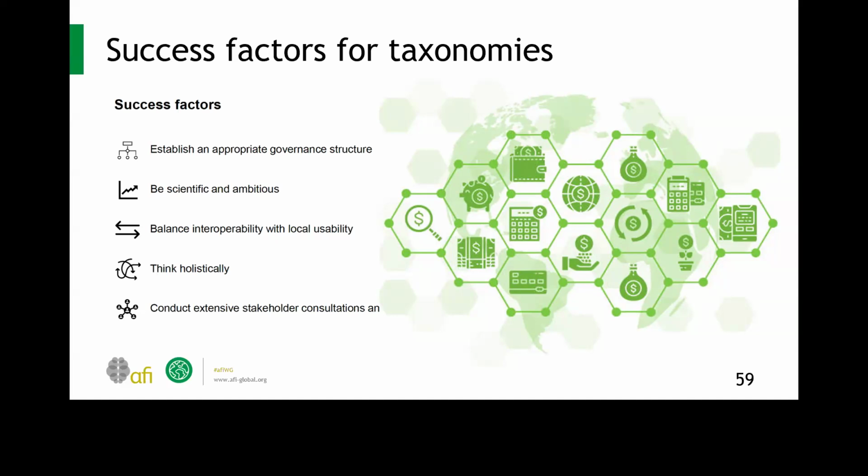The second prerequisite, I would say, is to think holistically. I mean, it's being scientific. Sorry, I got the numbering mixed up. Being scientific means that you need to have a taxonomy that helps you mobilize capital for national and global development goals. So basically, you have to balance.